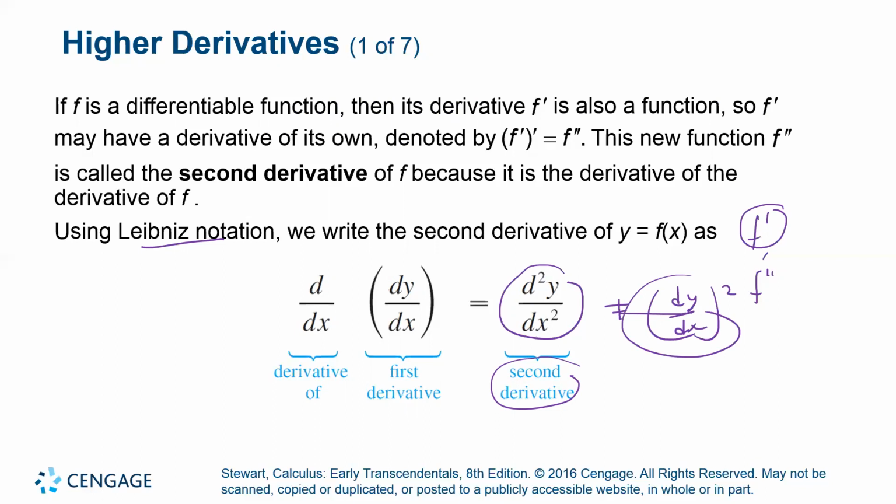So that's a second order. You can say that dy dx is the first order, then d squared y over dx squared is the second order.